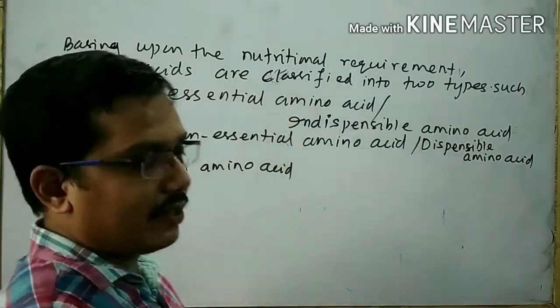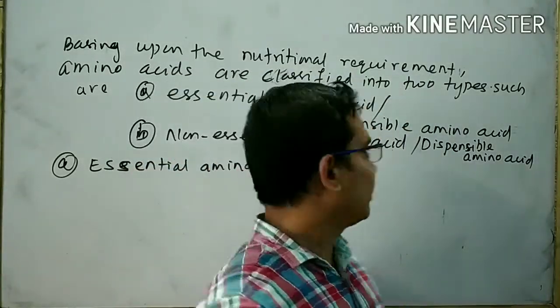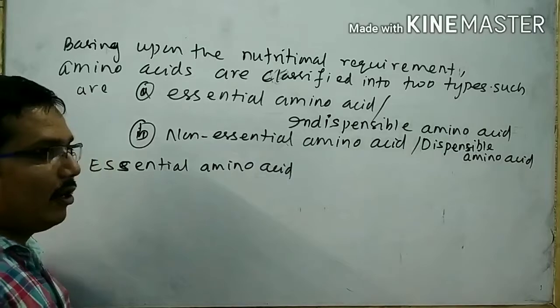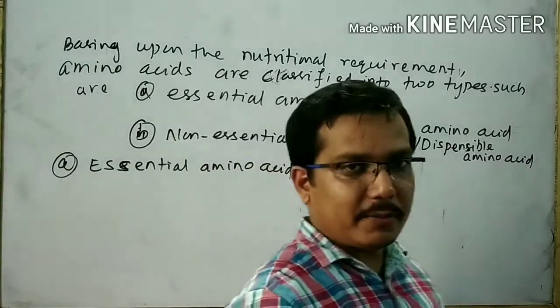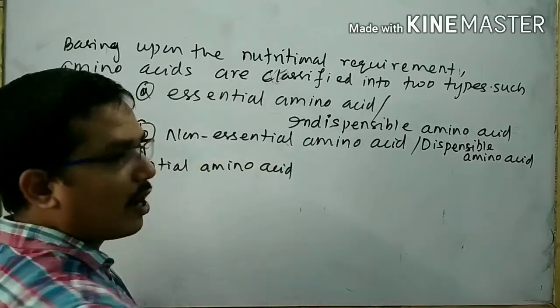The essential amino acid must be supplied to our body through diet, but the non-essential amino acid is already produced in our body, so it is not necessary to supply it in our diet.